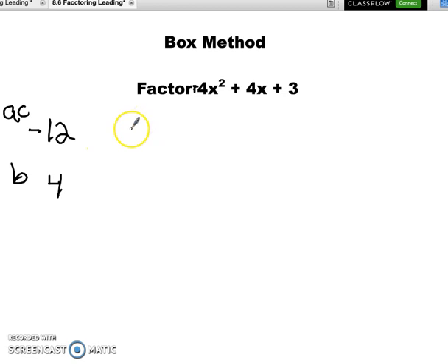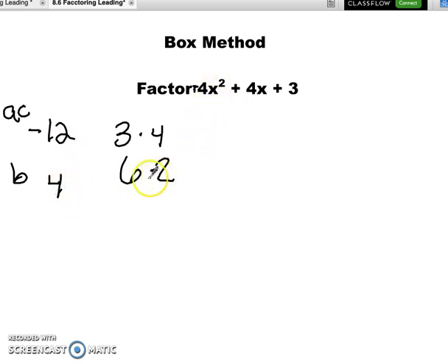So factors 1 and 12, no. 3 and 4. 3 times 4 added together is not going to give me 4. 6 and 2, when multiplied, one of them is going to be negative. So if I make the 2 negative, I have 6 times negative 2 that will equal negative 12, but when added together will give me a positive 4.